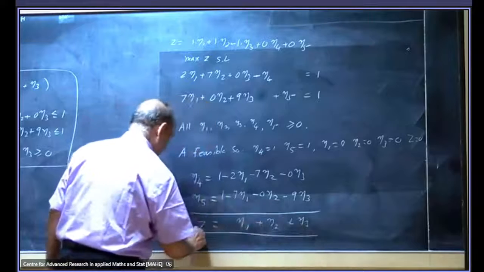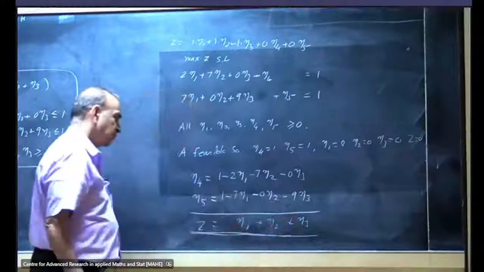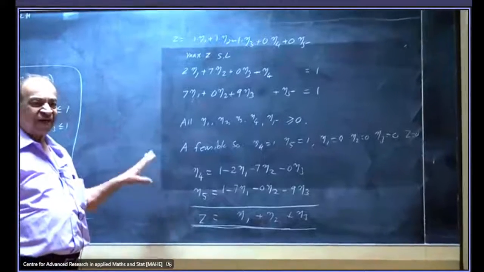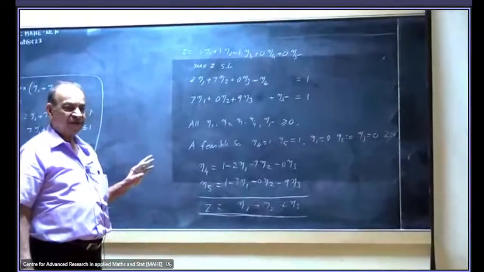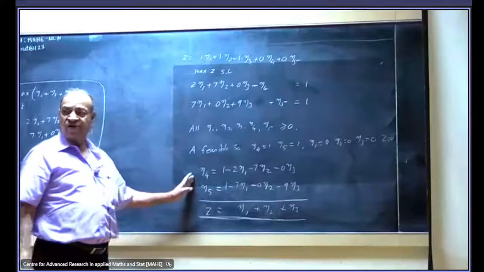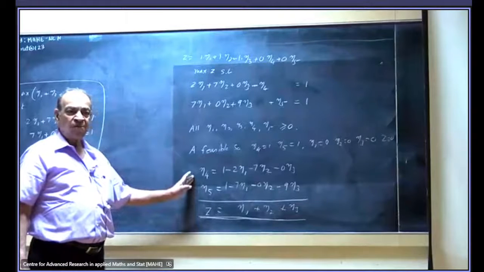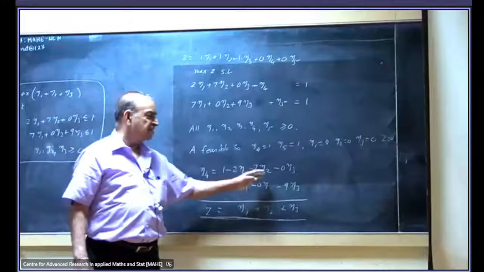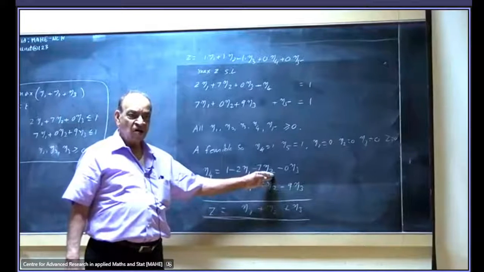You put an underline. Do you follow me? This is what is called a dictionary. The variables on the left side are called basic variables. The variables on the right side are called non-basic variables.